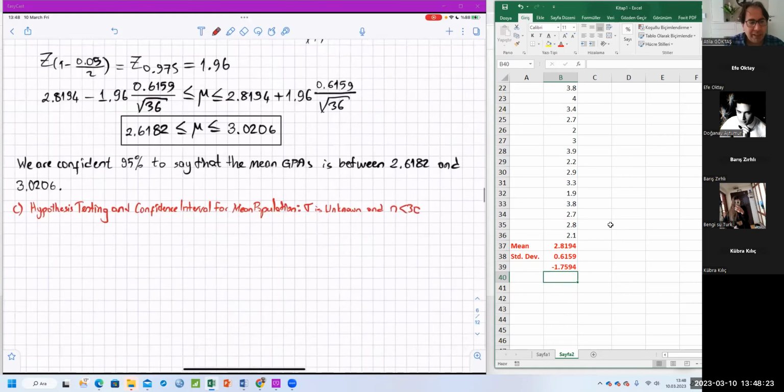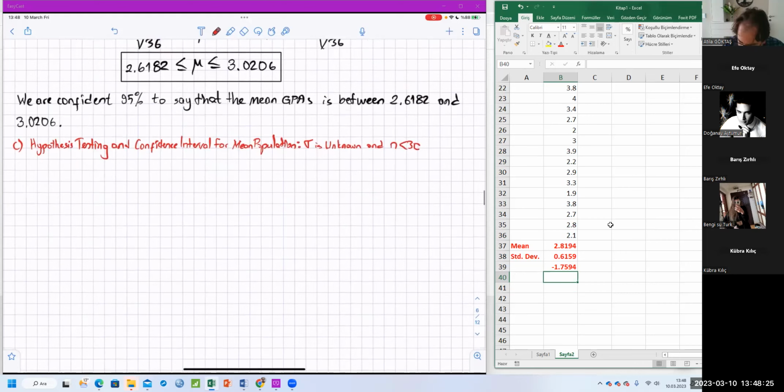What happens if n is less than 30? So there is another thing, and n is less than 30.